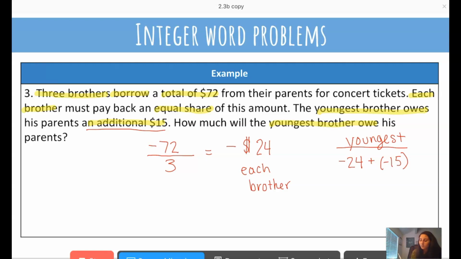Well, negative 24 plus negative 15, negative 39. He owes his parents $39. So if we want to write the answer statement, the youngest brother owes his parents $39.